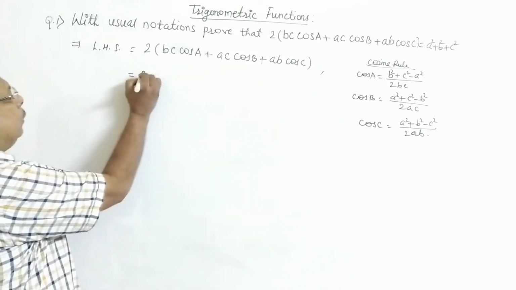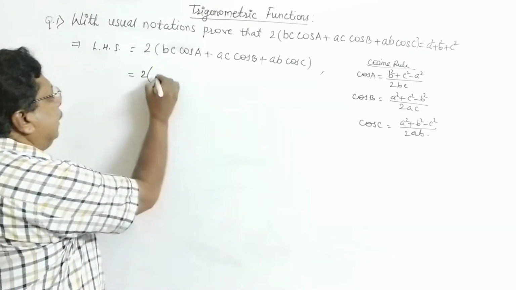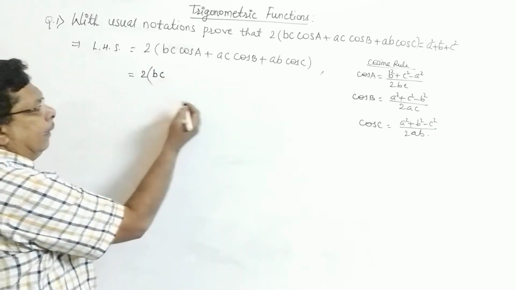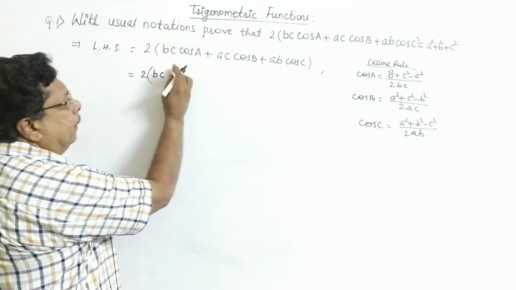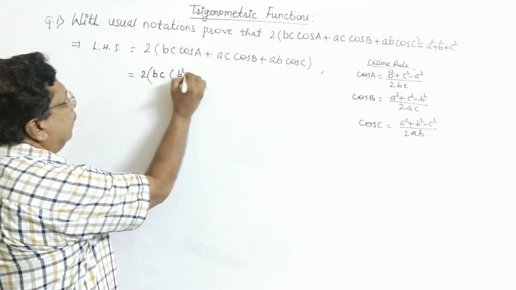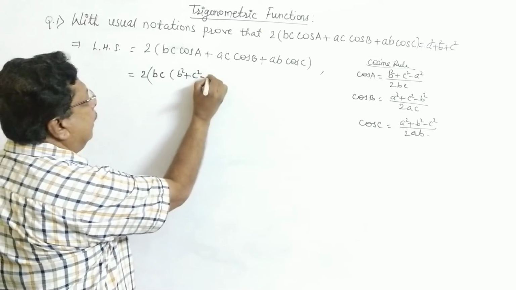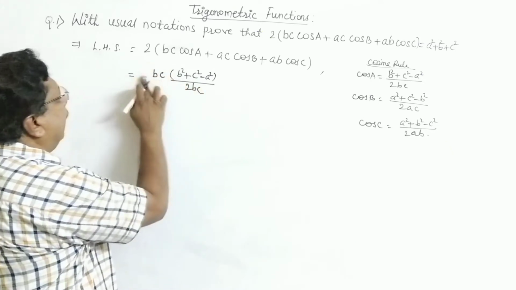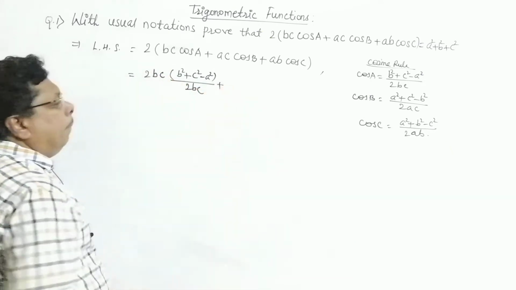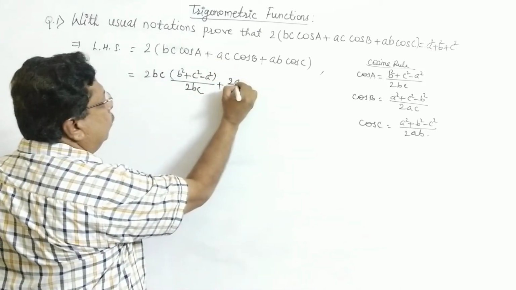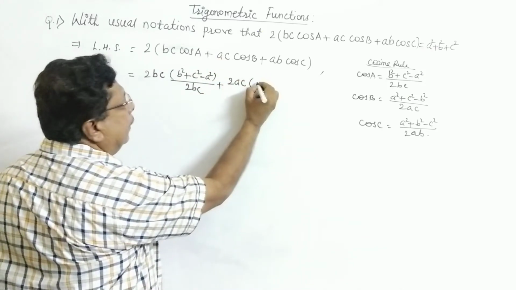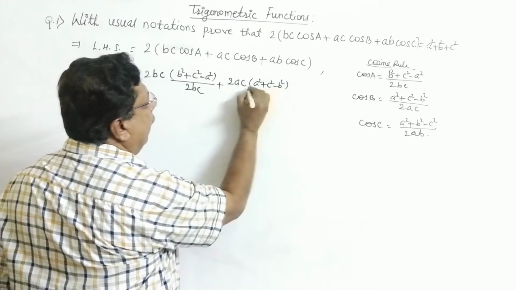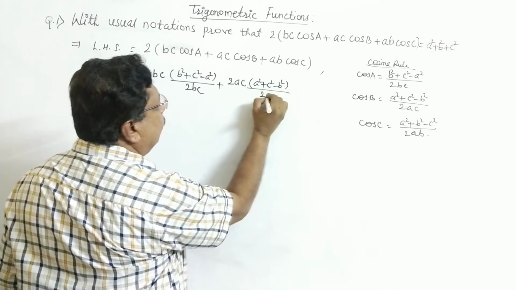So LHS becomes 2 into BC, here cos A. What is cos A? B square plus C square minus A square upon 2BC. Here you can multiply by 2, so it becomes 2BC, plus multiply by 2, it becomes 2AC, value of cos B, A square plus C square minus B square upon 2AC.